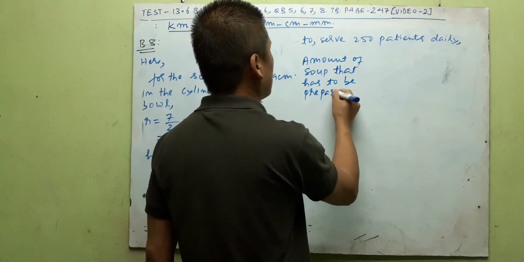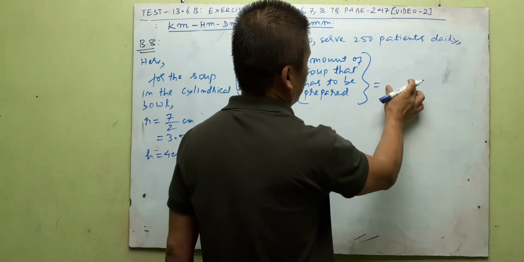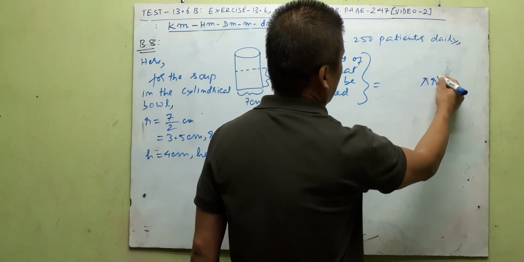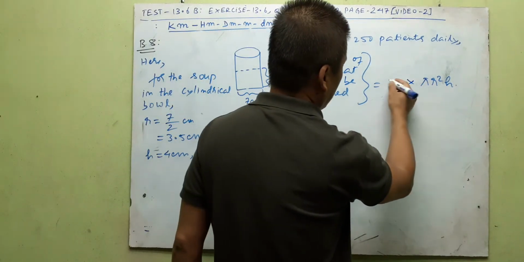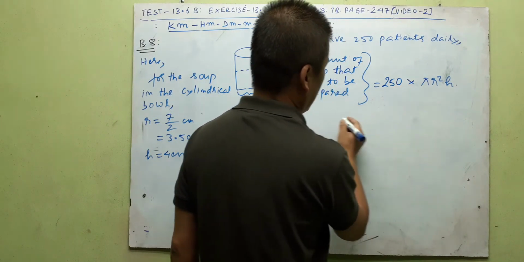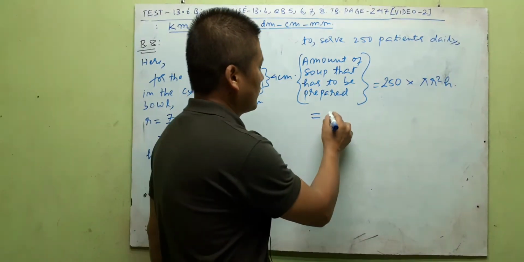Pi r square is the volume of the cylindrical shaped liquid for each patient, multiplied by the number of patients, 250. So that is our answer. We just need to solve it now.